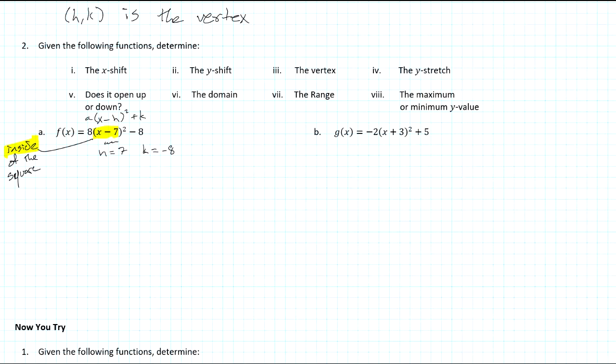But outside the square, you get the k value, and that stays what it is. So we can say h value is opposite sign, and the k value is the same sign.